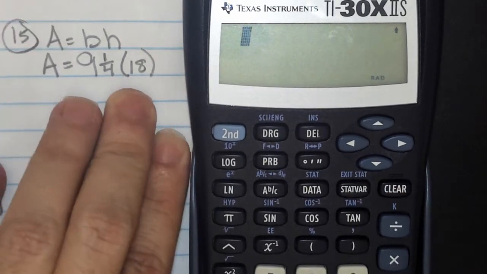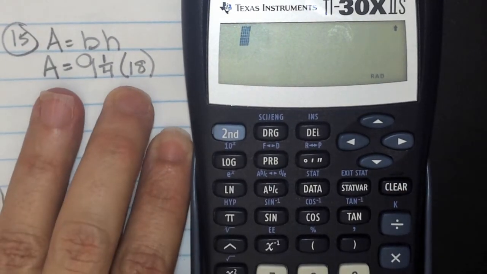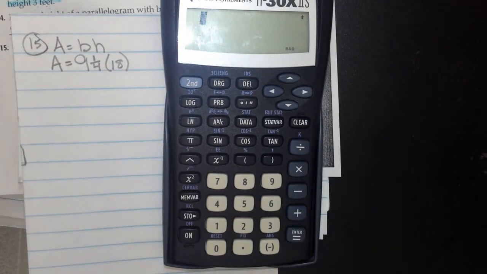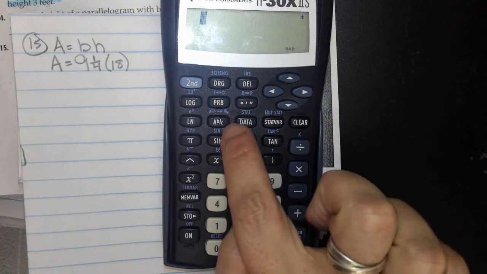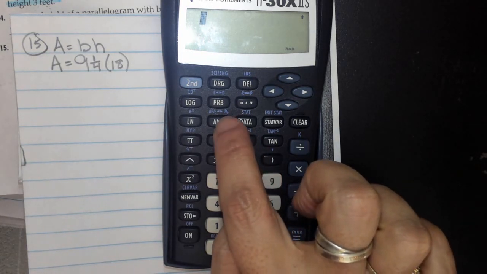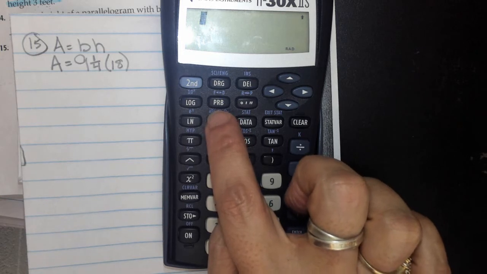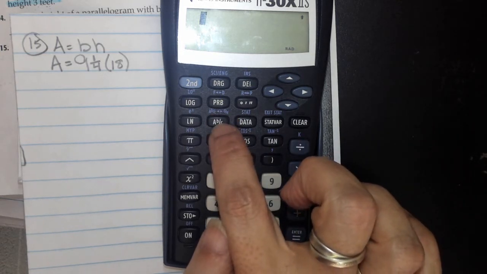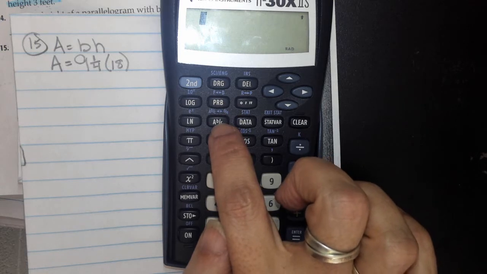When you type in 9 1/4, you hit the ABC button between the fraction numbers. That button right there, the third one down in the second row. Everybody see it on your calculator? My brother taught me that one.